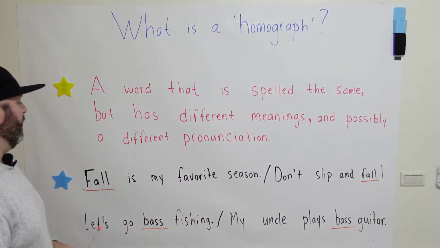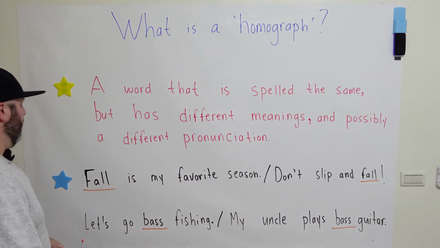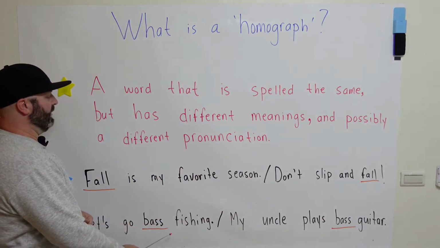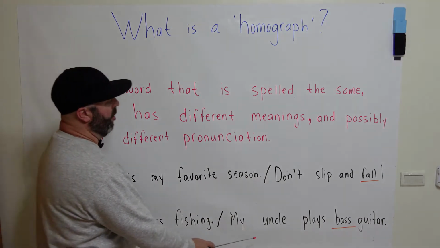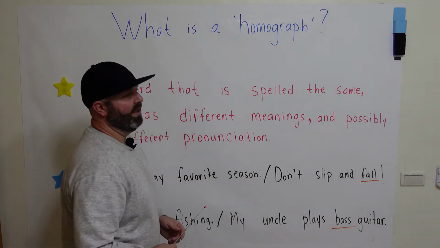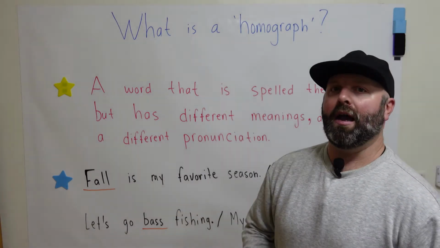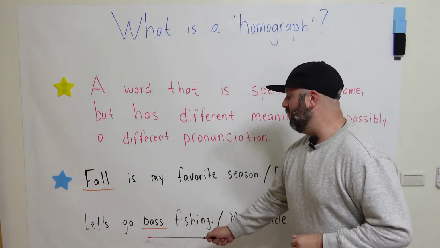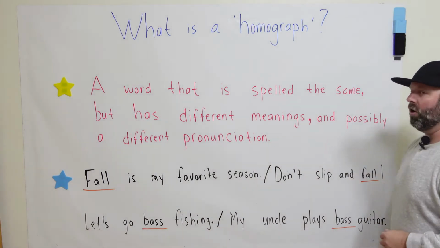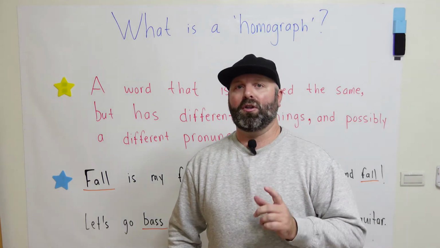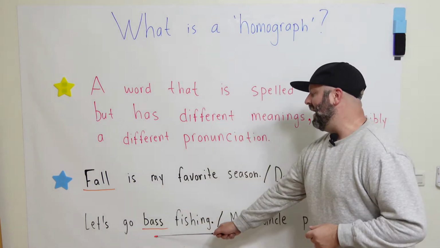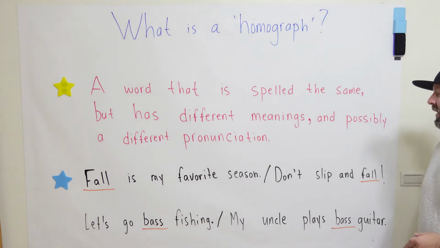Now, let's take a look at the second example. Let's go bass fishing. My uncle plays bass guitar, okay? Now, you'll notice that both of these words are spelled the same, but they sound different. Bass and bass.